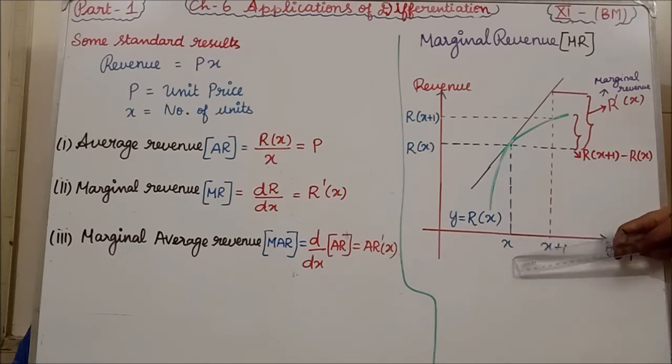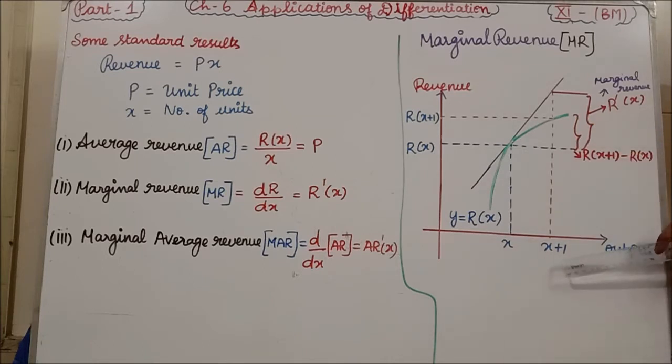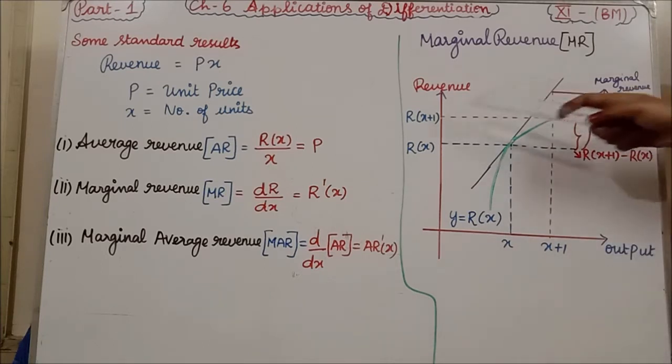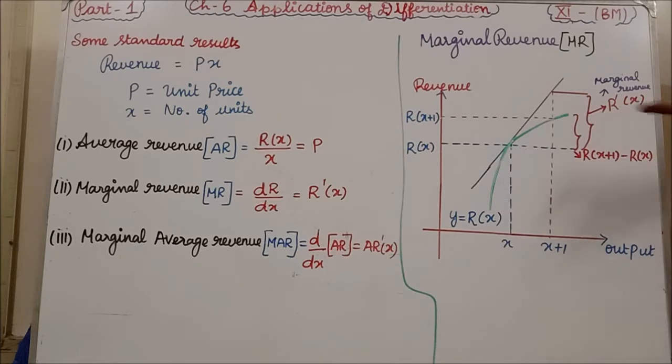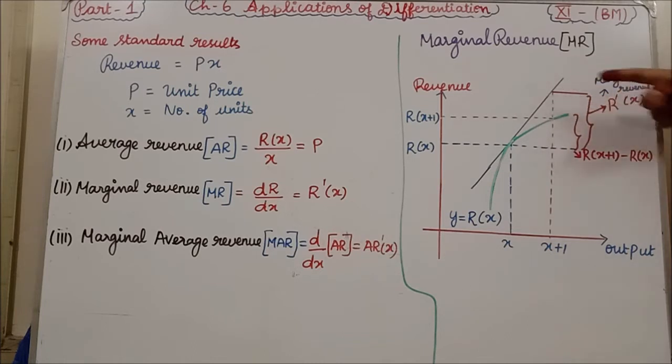For X output, the revenue will be R of X. If you increase by 1 unit to X plus 1, the revenue will be R of X plus 1. Since this line has to meet at the tangent line here, but it is going beyond that, that area we say is the marginal revenue, which is R dash of X.